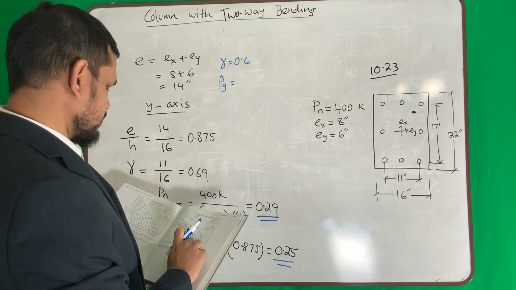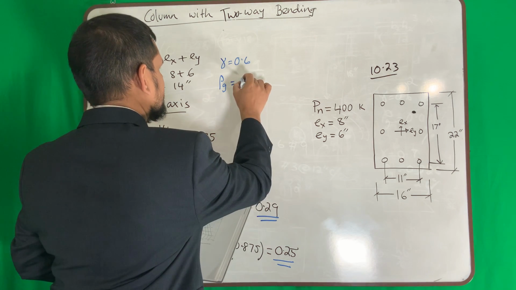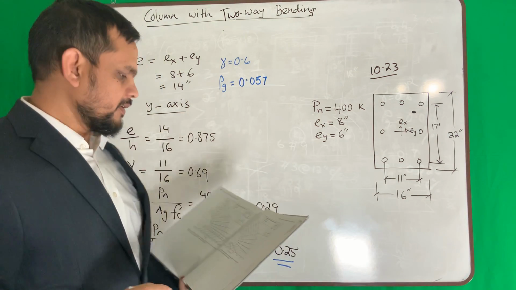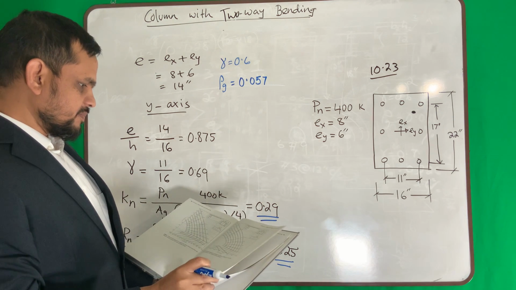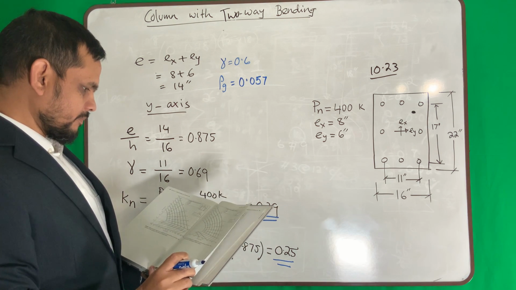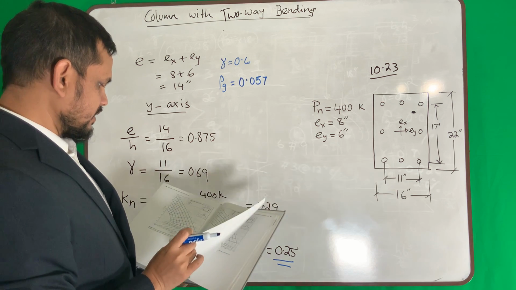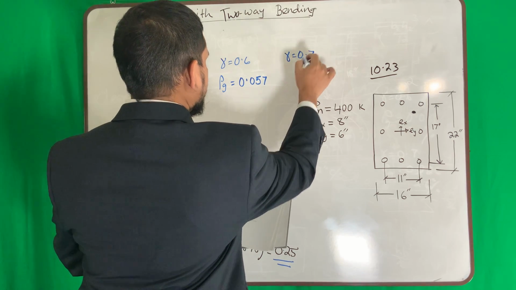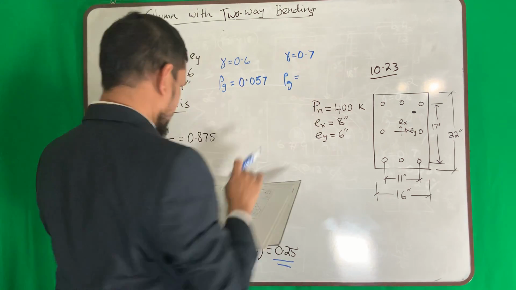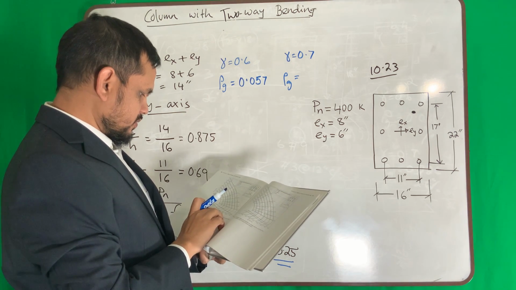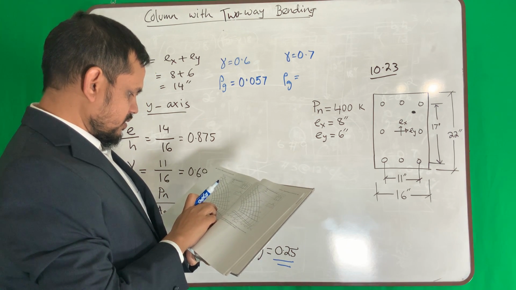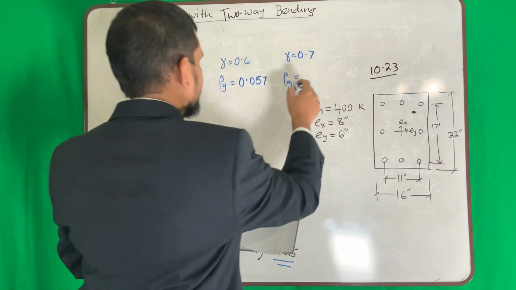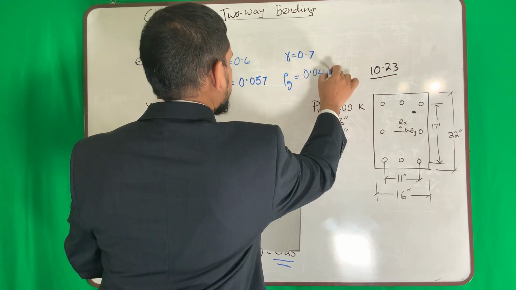About 0.057, very high number. Then if my gamma is 0.7, my rho g will be, so 0.25, 0.29, 1, 2, 3, 4, 4.3, so 0.043.